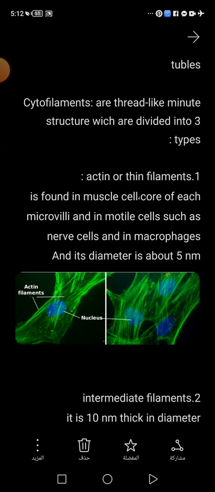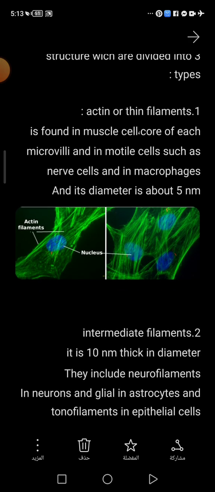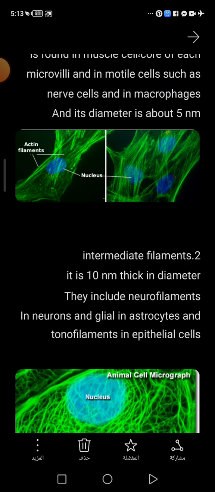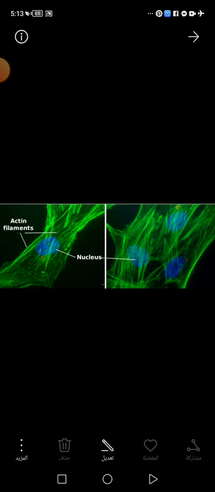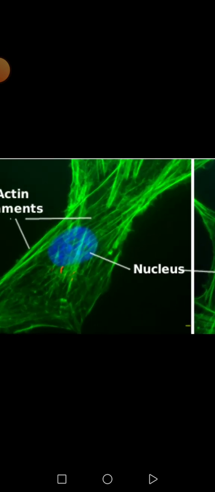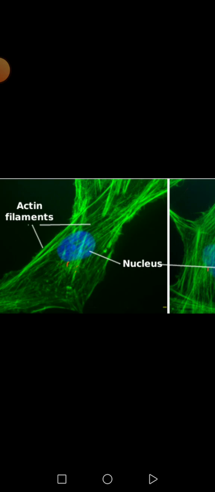Actin or thin filaments are found in muscle cells, in the core of each microvillus, and in motile cells such as nerve cells and macrophages, and the diameter is about 5 nanometers. Sorry, I sometimes mix up those two words. So this is the nucleus, and this is the actin filament.